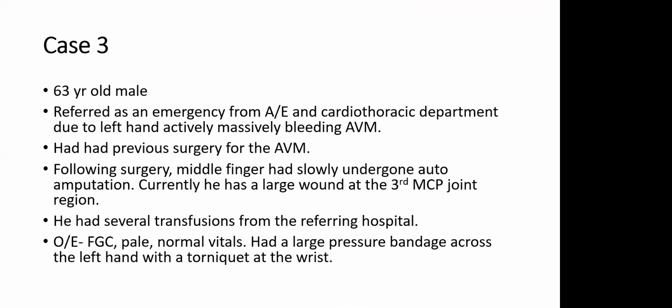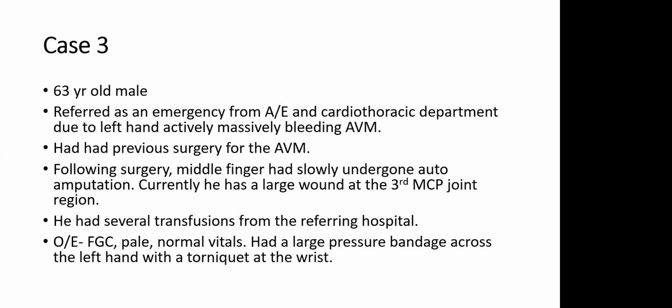Another case, we had a patient who came to us, a 63-year-old male, who came as an emergency from accident and emergency. He had just been received from a hospital in Thika, having bled massively through the left hand. He had an AVM of the hand, so the hand was enlarged, and he had some auto-amputated digits because of the growth of that AVM.